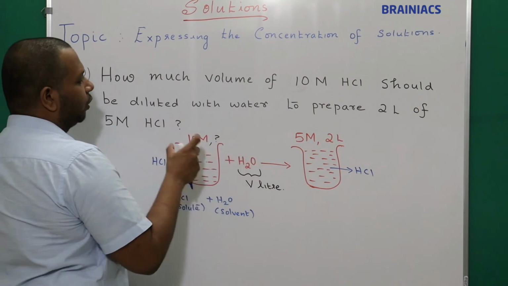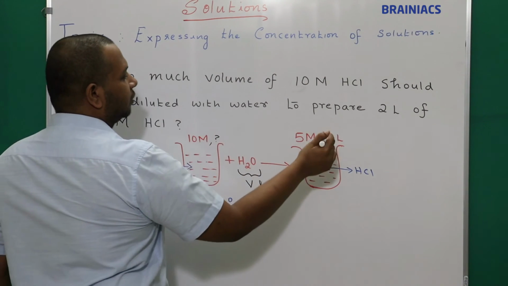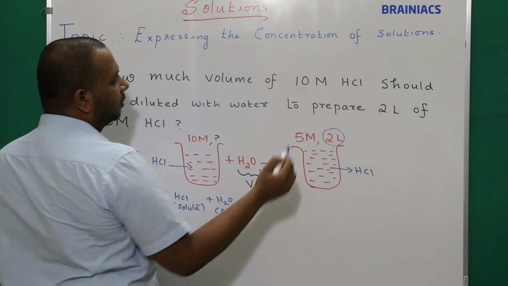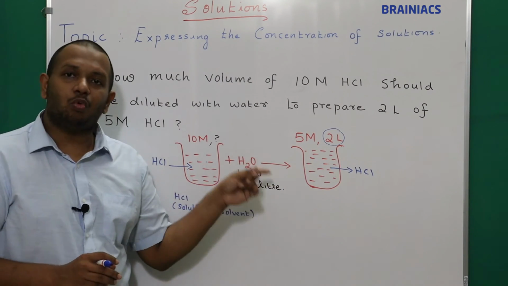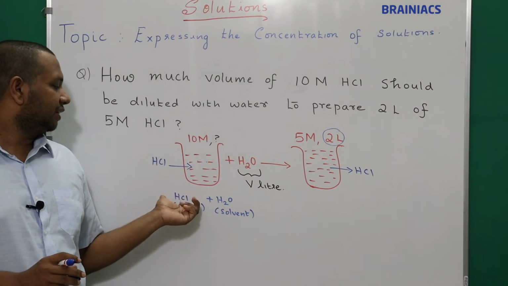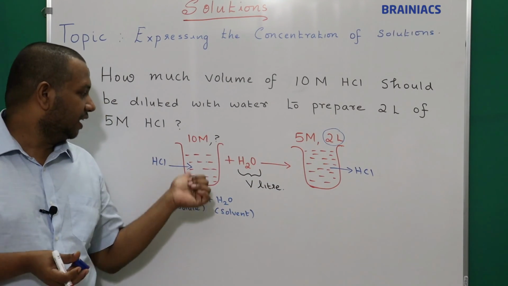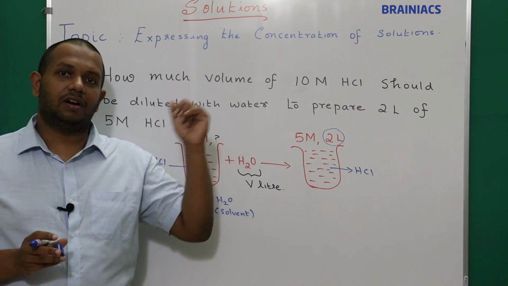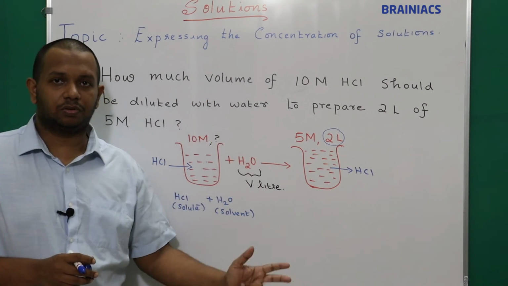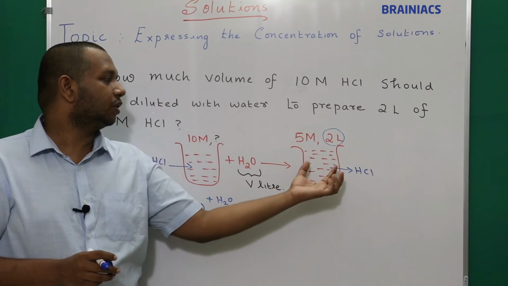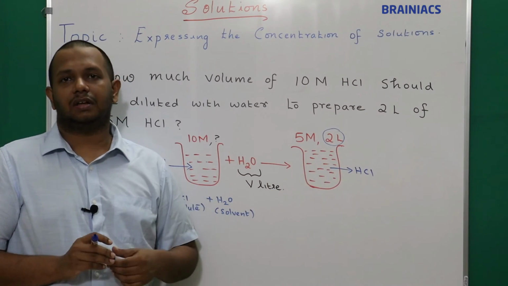Into that I am adding more H2O, so that the final volume becomes 2 liter and it becomes 5 molar. I am only adding water here, correct? So is there any change in the amount of HCl in the mixture? No, we have learned this concept earlier also. The amount of solute, the number of moles of the solute, or the number of gram equivalents of the solute will still remain the same here.